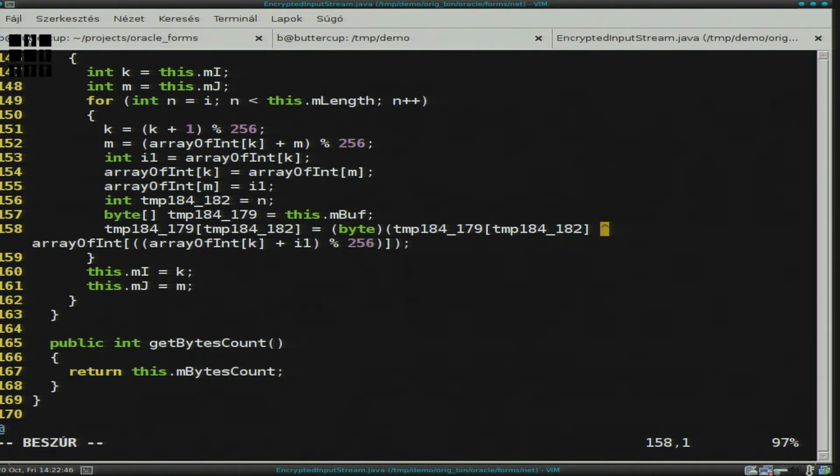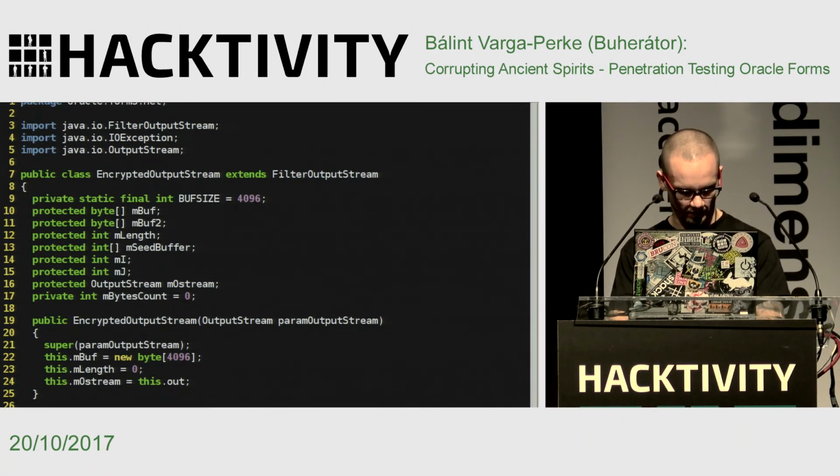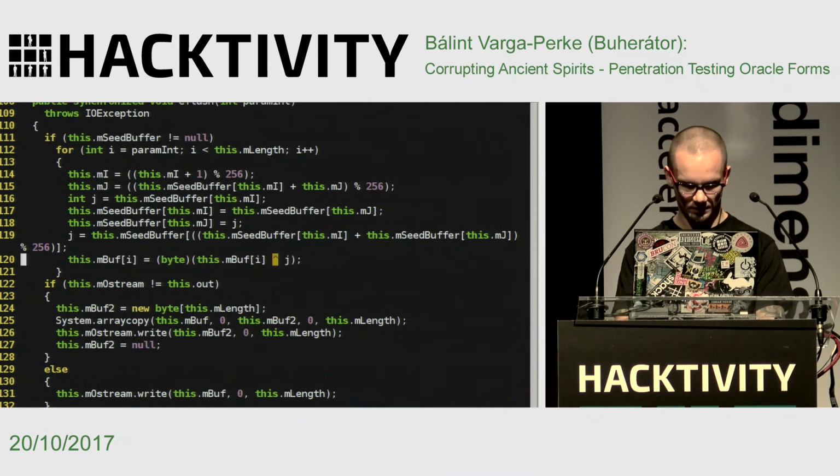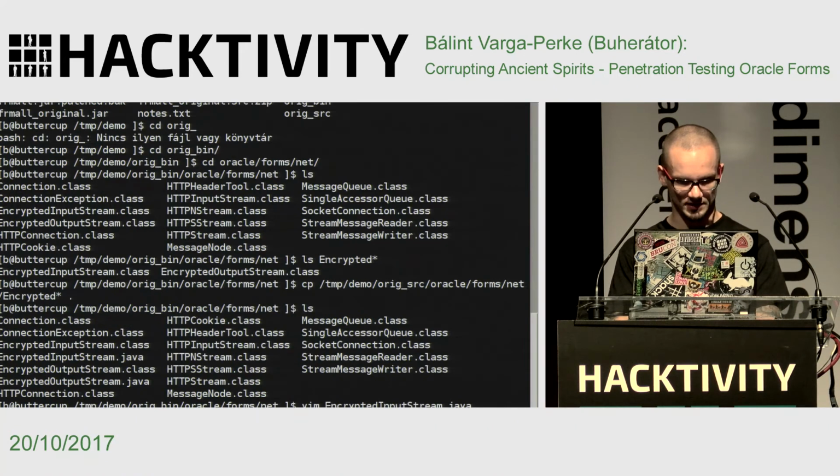So I just comment out this line, because I don't want my plaintext to be XORed with anything. I do the same with the output stream. I'm looking for the XOR. Here we go. In this case, there are two methods that do that. So we comment out both.